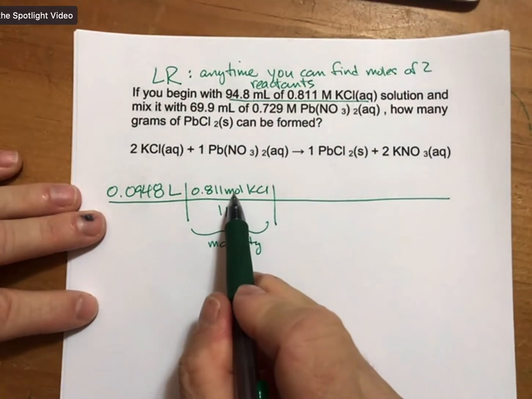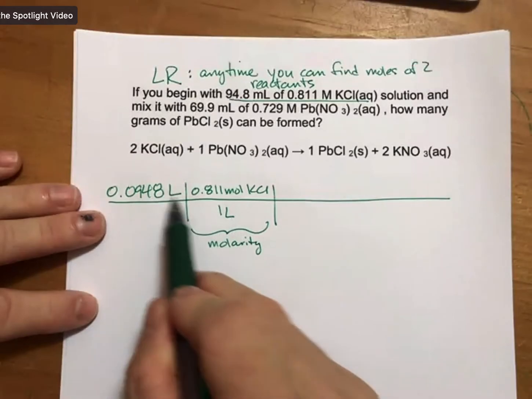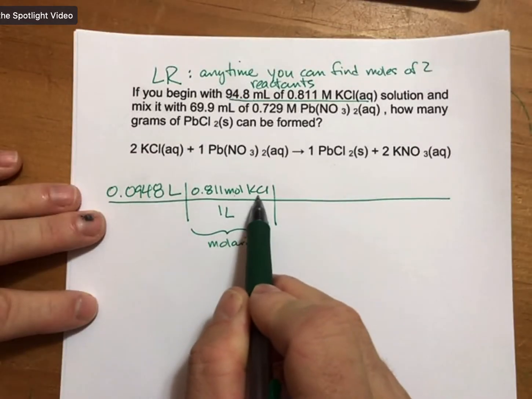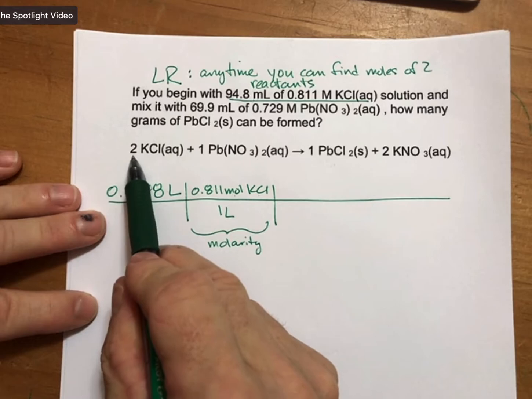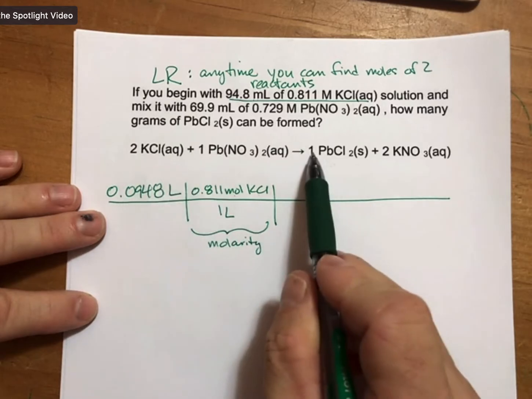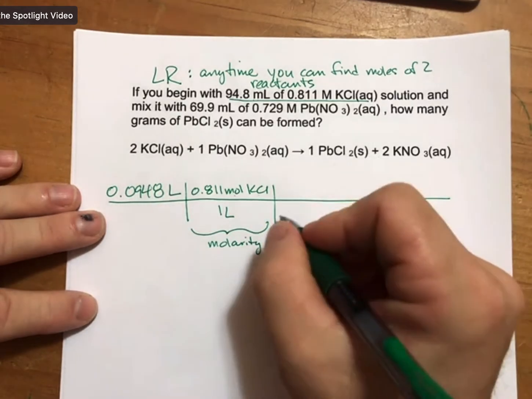From there, I know now my liters cancel, so I have units of moles of potassium chloride. It'll be 2 moles of potassium chloride for every 1 mole of lead 2 chloride.